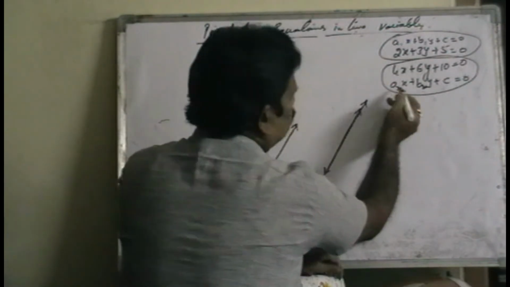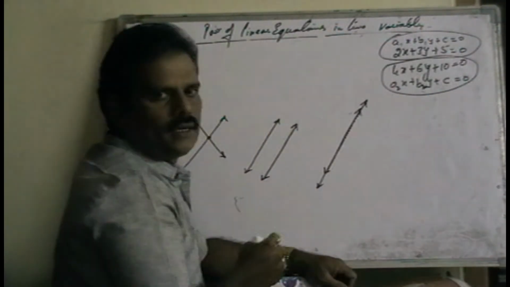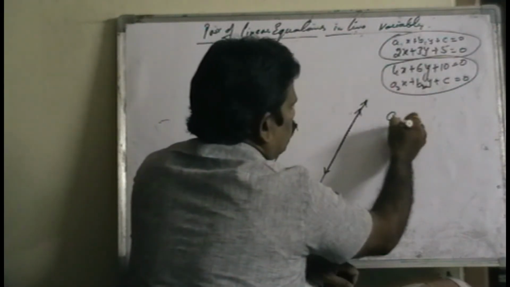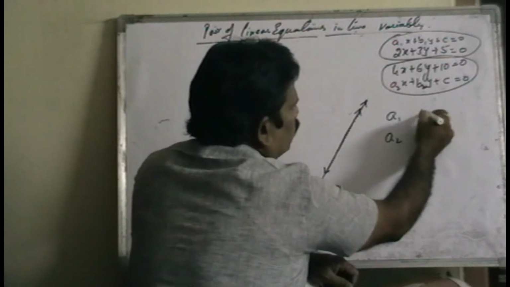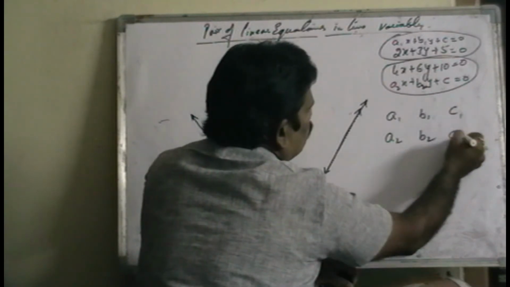What are the coefficients? The x coefficients, y coefficients and constants. In the first equation the x coefficient is a1, in the second equation a2. b1 is the y coefficient and in the second equation b2, and c1, c2 are the constants.